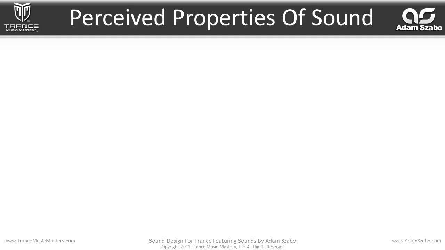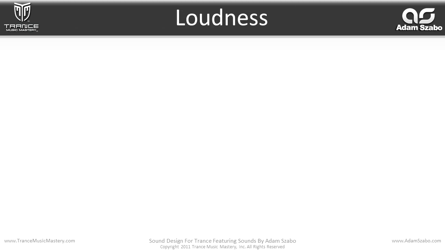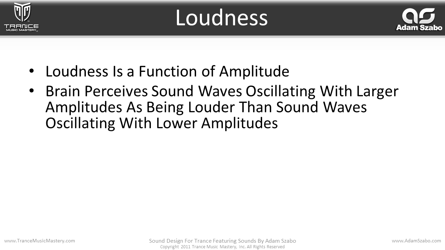So there are basically three perceived properties of sound: loudness, pitch, and timbre. So loudness is really a function of the amplitude. The brain perceives sound waves oscillating with larger amplitudes as being louder than sound waves oscillating with lower amplitudes.